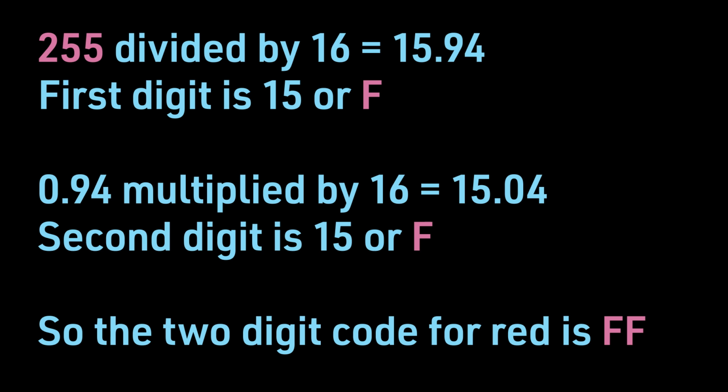This would mean the first digit is 15, or the letter F. We would take the fraction 0.94, multiply it by 16 to get 15.04, and that second digit would also be 15 and also be the letter F. So for the red, we would get a combination of the digits FF.